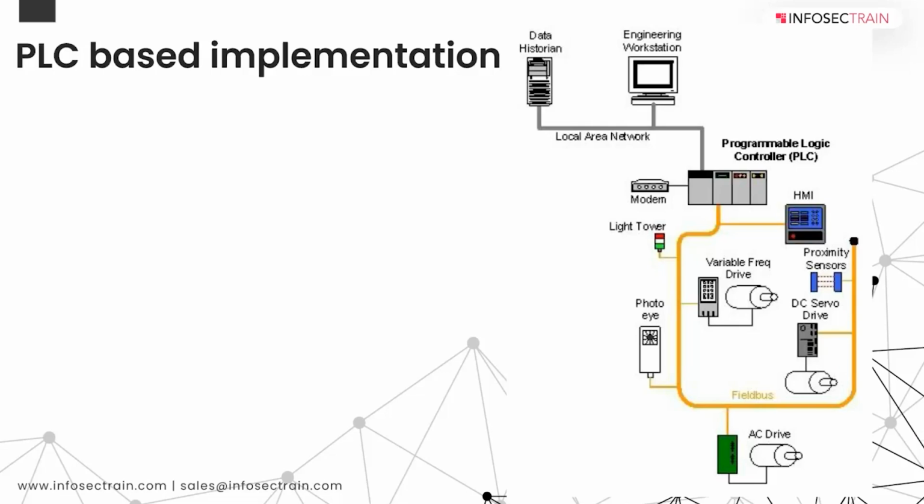And therefore, primarily they provide closed loop control without any direct human involvement. In the sense, if there is anything going wrong, of course, the person seeing the engineering workstation will immediately come, or there could be some kind of stop light blinking.